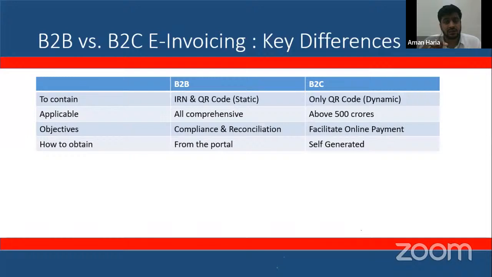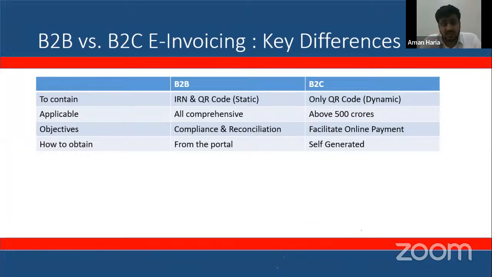Subsequently, compliance and reconciliation are the areas being targeted, so that once you start applying the e-invoice provisions, you become compliant with respect to invoicing, and your reconciliation of the data also happens quicker.